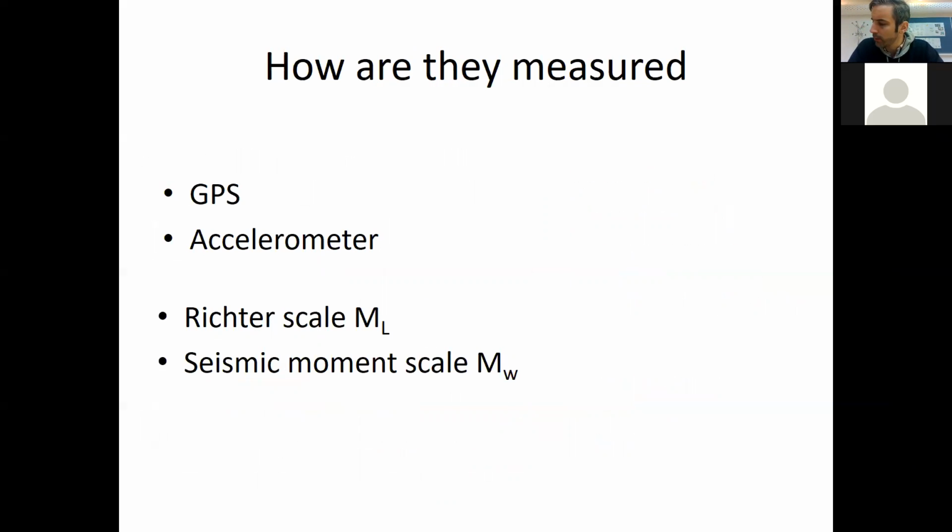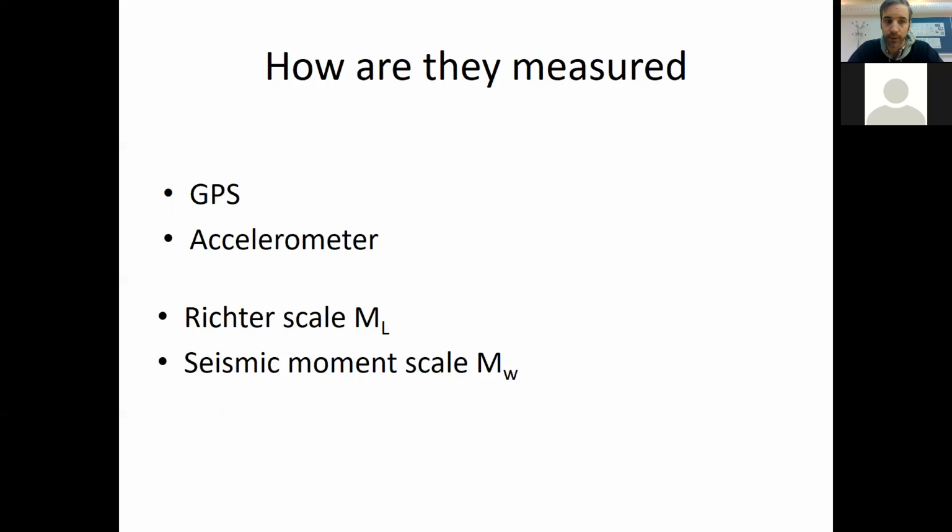How do we measure an earthquake? Well, nowadays, thanks to GPS and piezoelectric accelerometers, it is very easy to register an earthquake.